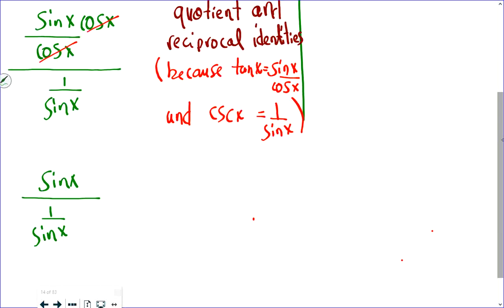Okay. My recommendation is don't do too much at once. If I were working on this alone, I would probably cancel my cosines at the top of the screen and simultaneously write times sine x over sine x. The problem with that is when somebody's marking your work, it's hard for them to follow what you're doing. Okay? So now I'm going to multiply sine x on the top and sine x on the bottom.